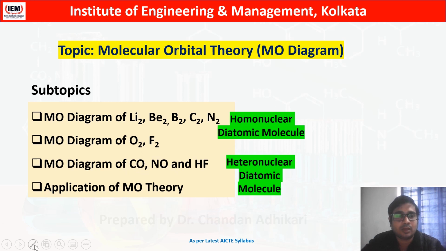They are homonuclear because, as you can see, Li2, Be2, B2, C2 and N2, and in both the cases O2 and F2, the two atoms are the same, that's why they are homonuclear. Whereas carbon monoxide, NO, HF, in this case the two atoms are different, so they are heteronuclear diatomic. And also, if possible, we will try to discuss the applications of MO theory.